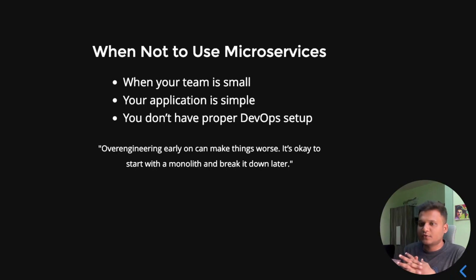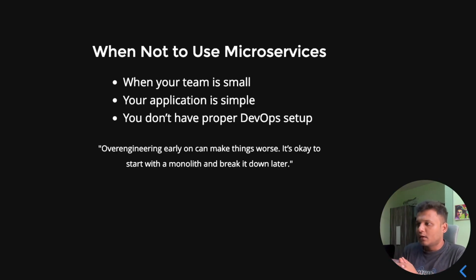So that's not the right choice. When your application is simple, let's say your application is not having so much traffic, like only 1000, 5000, 10,000, 50,000 users, then I think monolithic architecture can handle that traffic, and there's no need to make one giant large-scale microservice application.